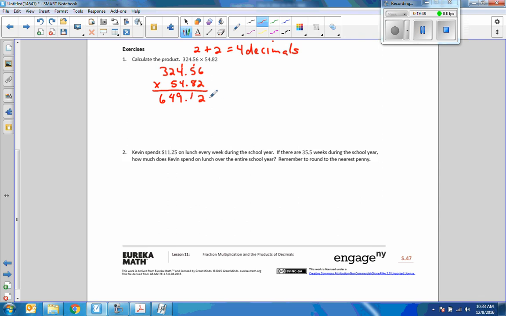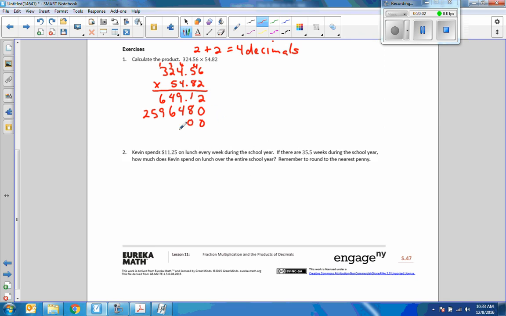Never mind that decimal. I don't know why I wrote that. Disregard it. Place value. 6 times 8 is 48. Carry the 4. 5 times 8 is 40 plus 4. 8 times 4 is 32 plus 4 is 36. 8 times 2 is 16 plus 3 is 19. 8 times 3 is 24, plus 1 is 25.